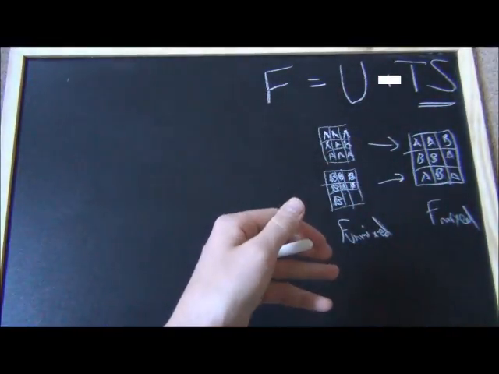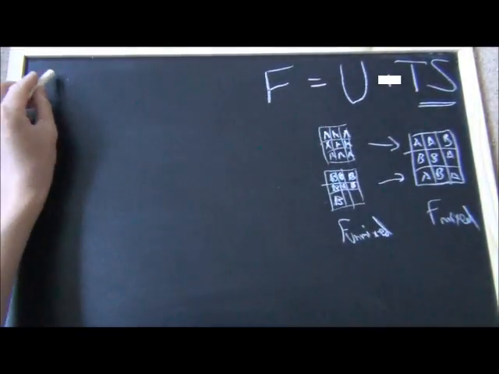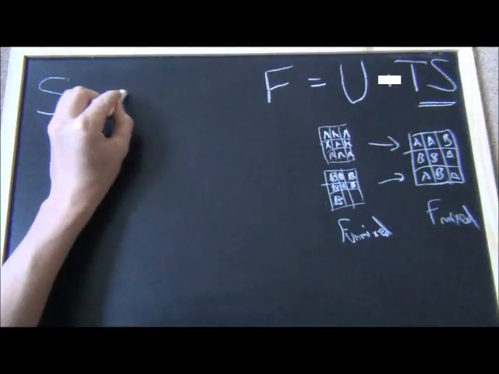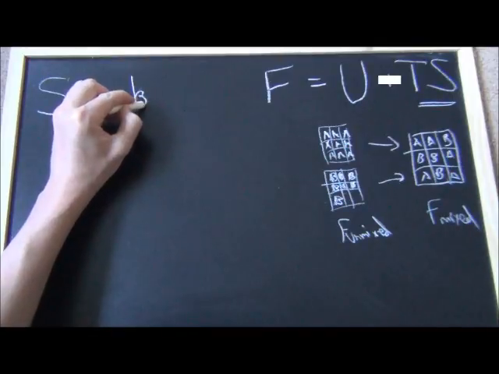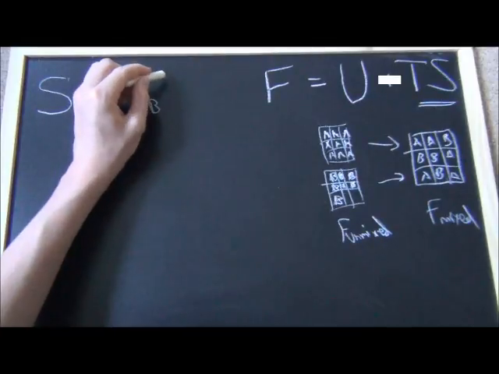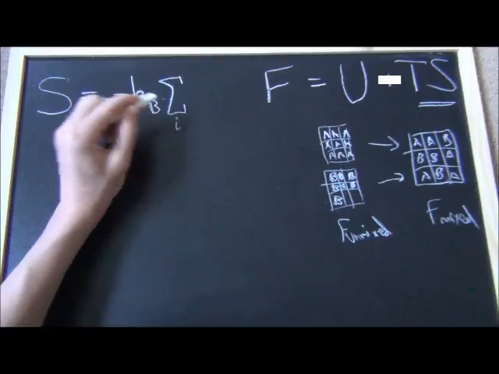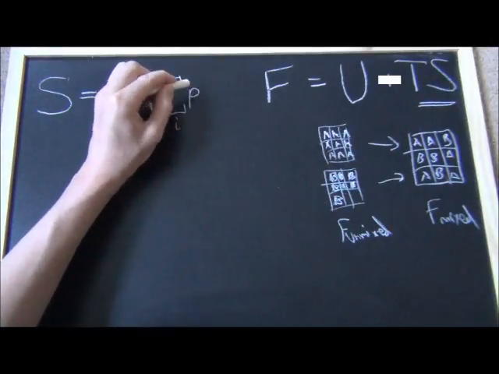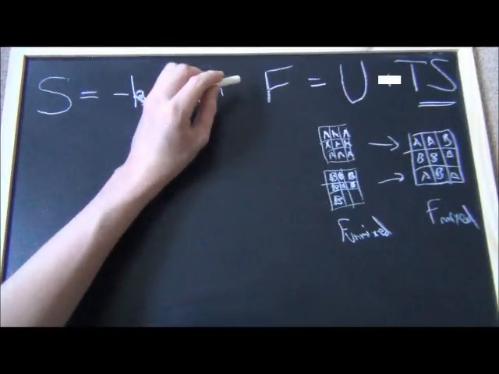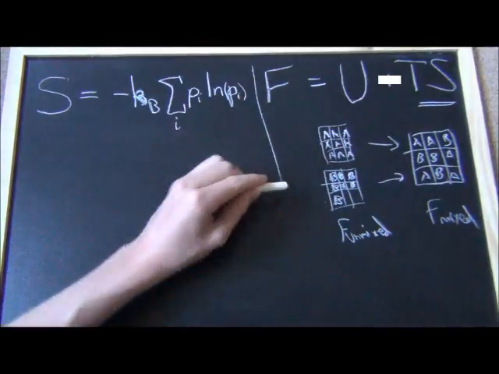So let's define our entropy. We're going to use the Gibbs entropy, because I think that one makes more sense. And that's our k Boltzmann times the sum over possible microstates of the probability of each microstate occurring, times the log of that probability.